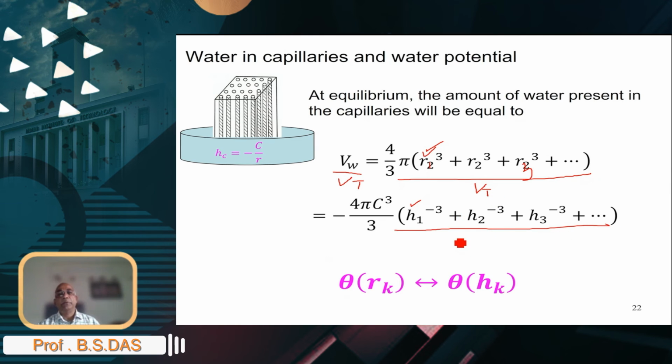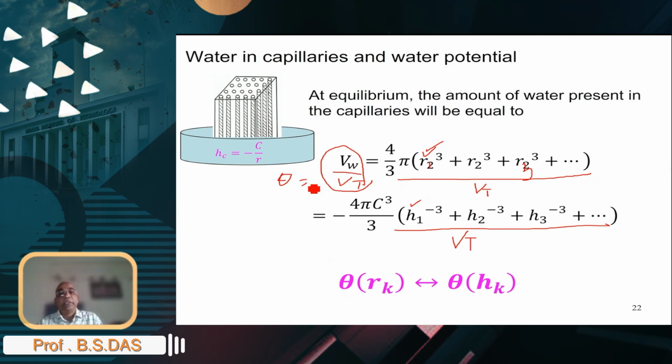So what you should see is that this is actually the volumetric water content theta, right? This theta, we have defined as volume of water per unit total volume of soil.